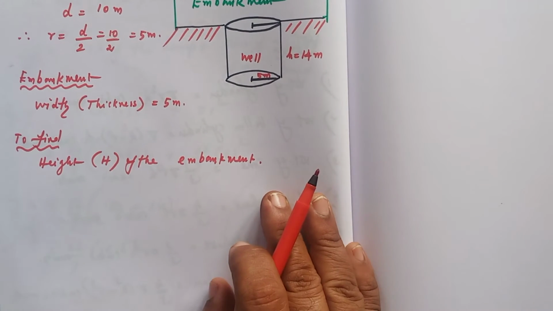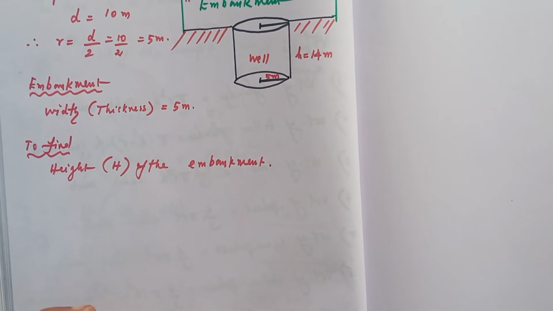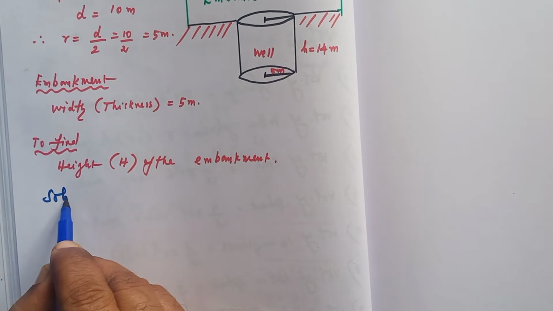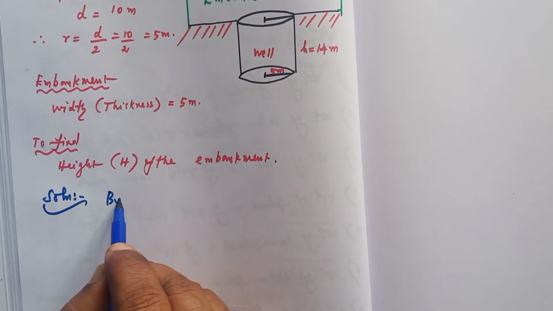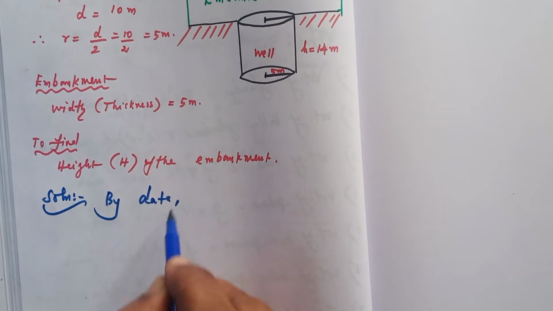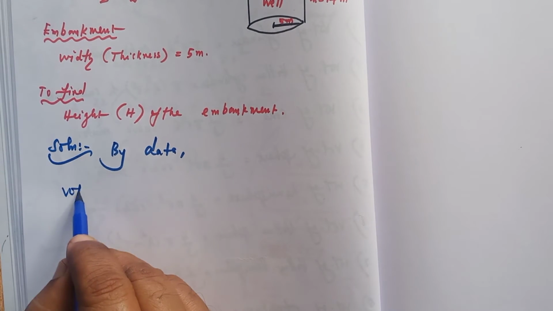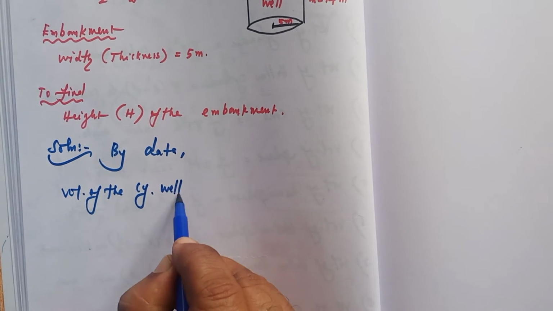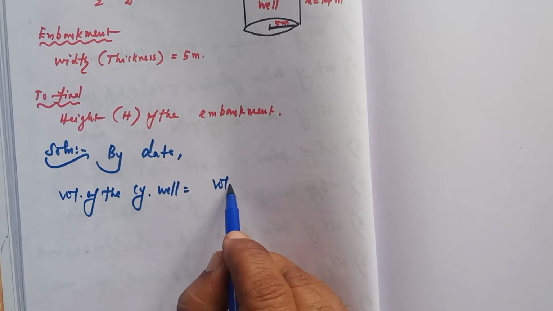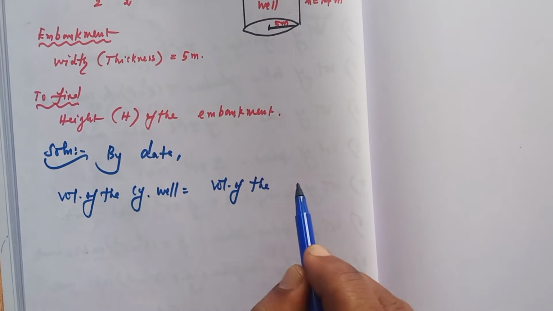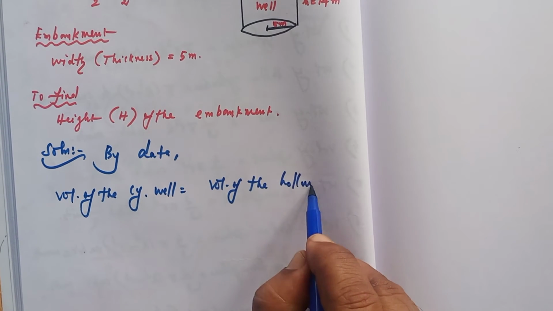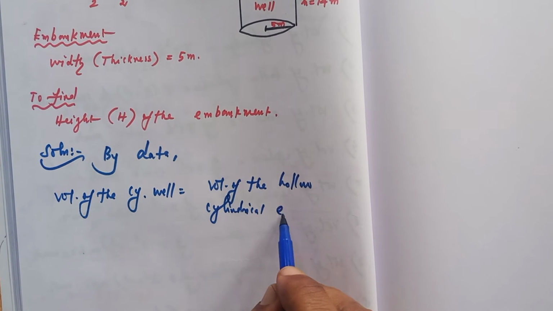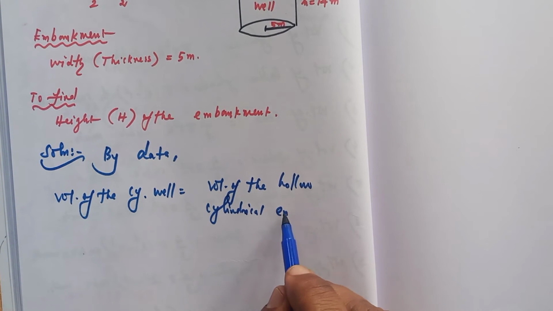So by data, volume of the cylindrical well is equal to volume of the hollow cylindrical embankment.